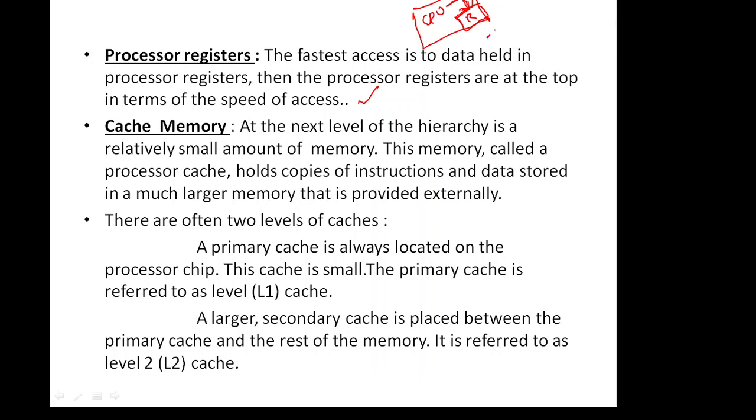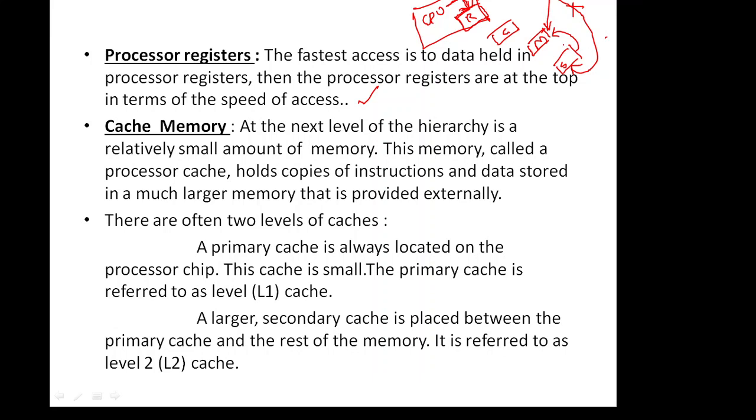If not there in registers, it has to check in cache. If not there in cache, it has to check in main memory. If not there in main memory, then we have to get the data from secondary memory to main memory. But the CPU can't contact the secondary memory directly. That concept we will study later. The CPU will contact only the main memory but not the secondary memory.